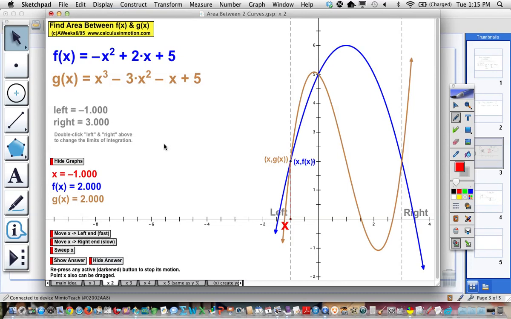Now let's talk about vertical and horizontal strips. Here's your deciding factor. On a vertical strip, you need the top and the bottom to touch the same curves the whole time. On horizontal strips, you need the right edge and the left edge to touch the same curves the whole time.